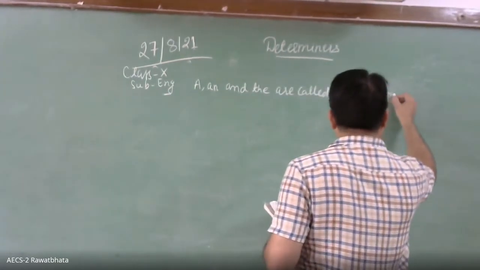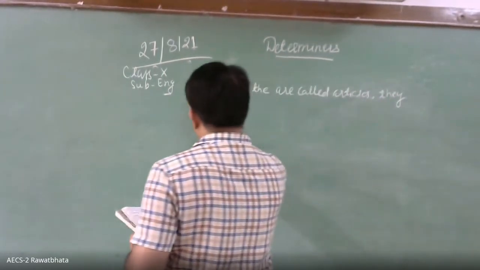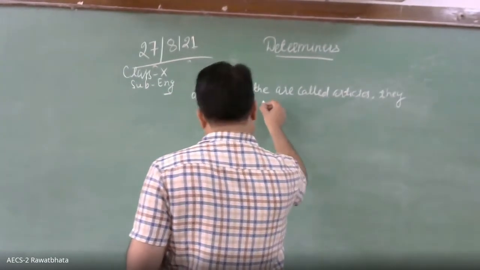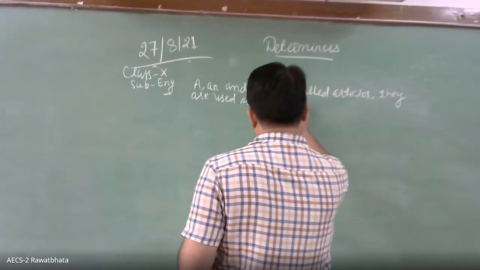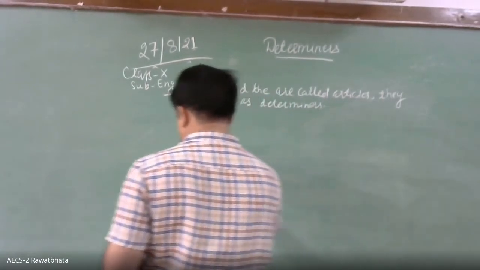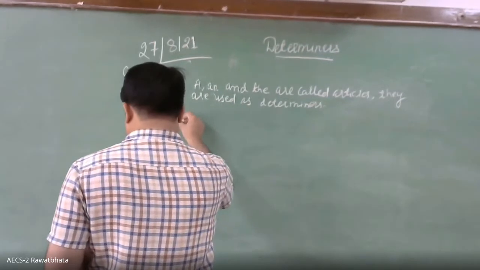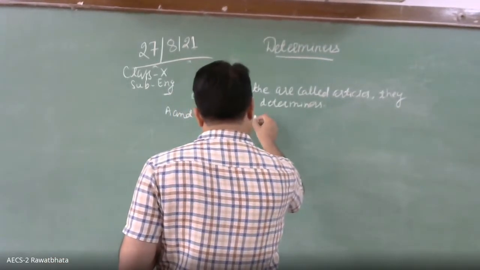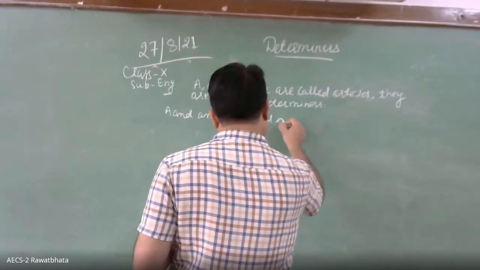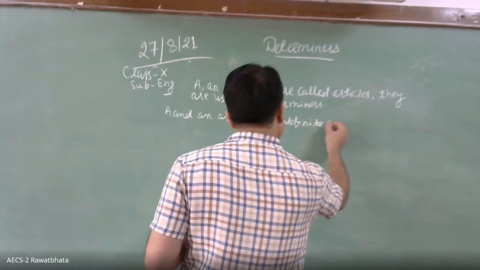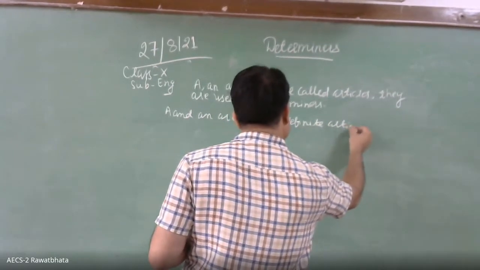They are used as determiners. A and an are called indefinite articles.